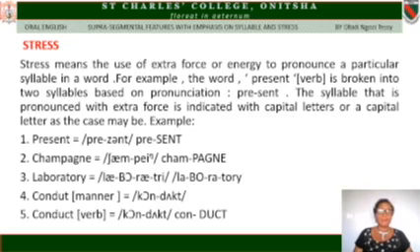Conduct as a verb. Conduct is a verb, so it has 2 syllables. But remember, we are talking about the syllable that is stressed. So if you look at the words, you will see the letters that are written in capital letters. That shows where the stress occurs.